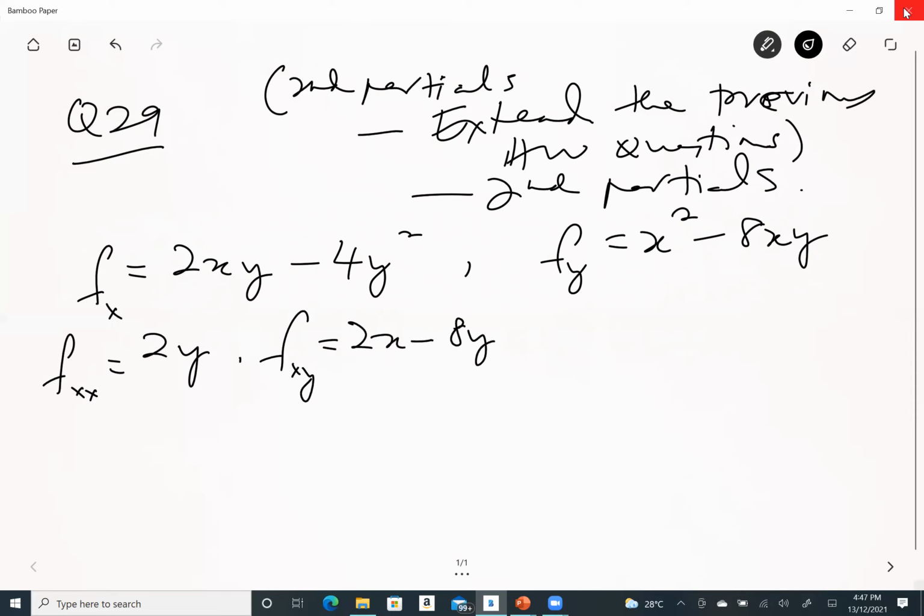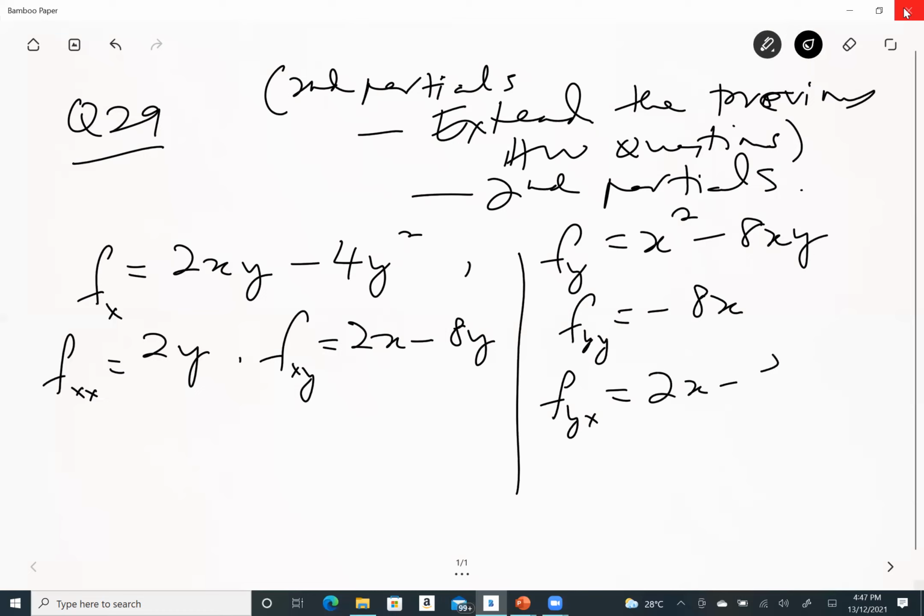So I multiply right away, 2 and 4 becomes 8, the power reduced by 1. So you get 8y. Okay, and then fyy, derivative of fy with respect to y, I got negative 8x. And then fyx, derivative with respect to x, I got 2x minus 8y.